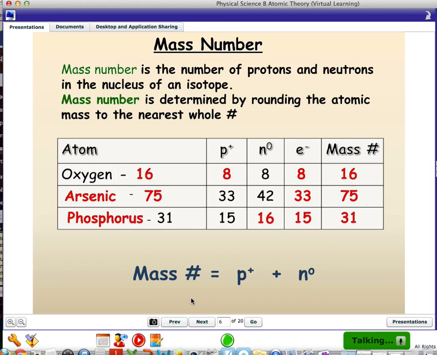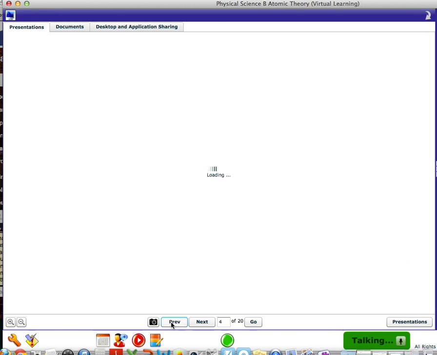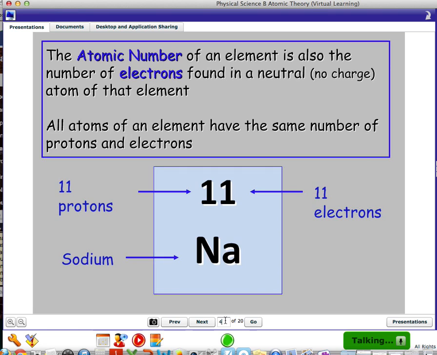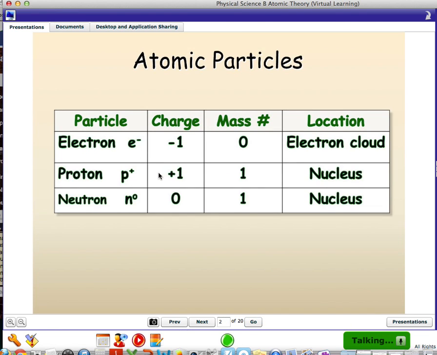What we do is we just round the atomic mass to the nearest whole number. So for instance, oxygen's atomic mass is really 15.99, but we're going to round that up to 16. What that means, that atomic mass, if we go back to the original screen, I think it was screen 2, you'll see that protons and neutrons each equal 1 mass.